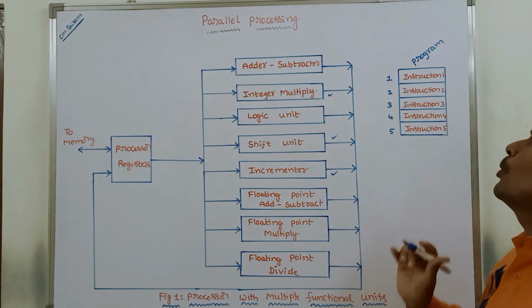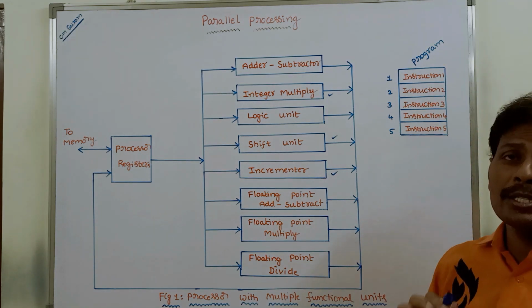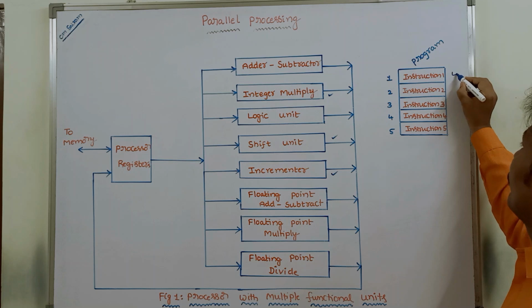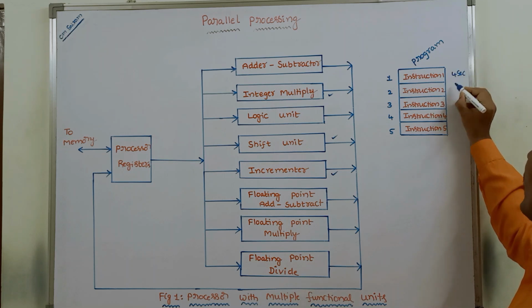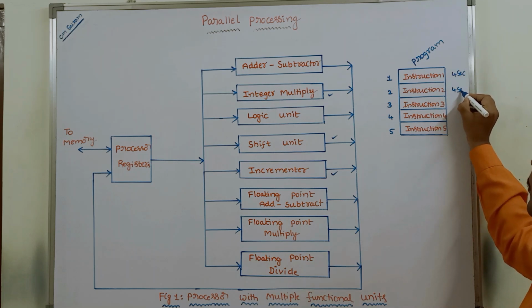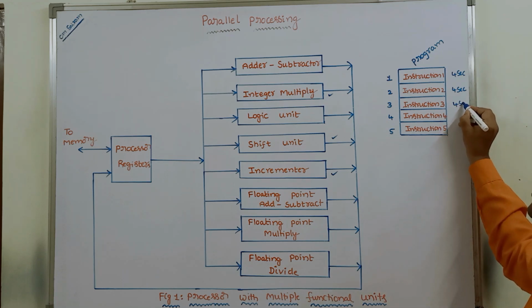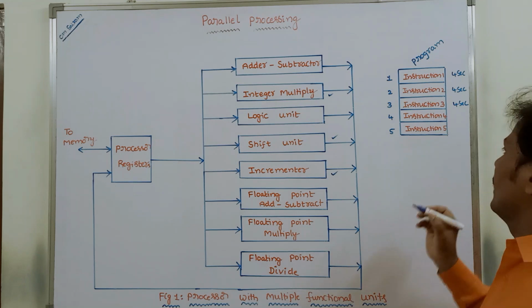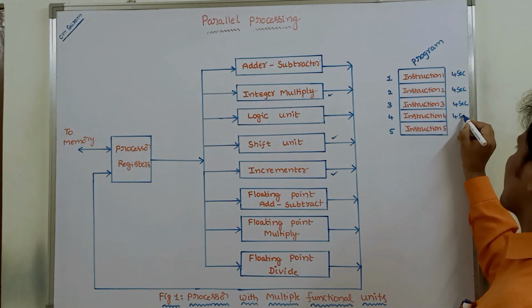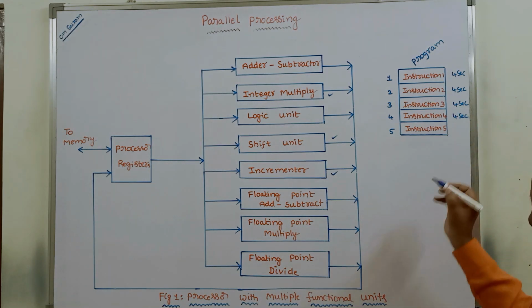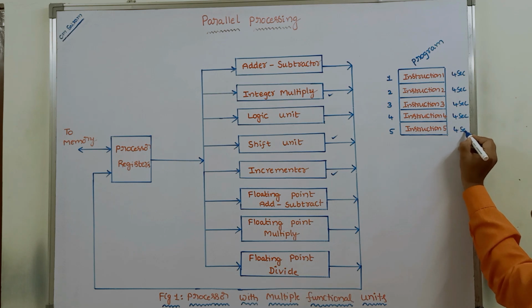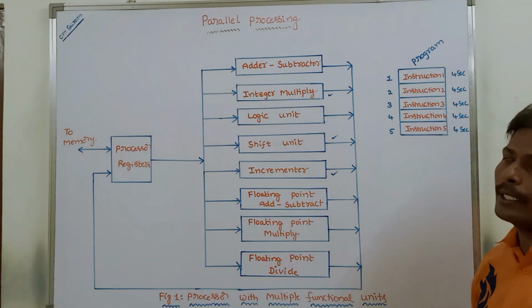To execute one instruction, we require 4 seconds. To execute the second instruction, we require 4 seconds. To execute the third, fourth and fifth instructions, we require 4 seconds each.